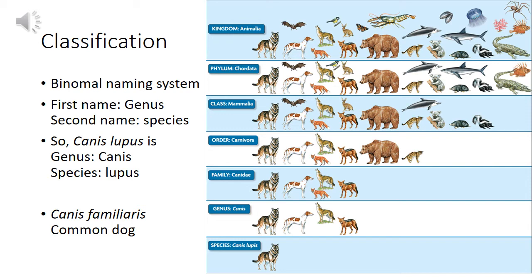It's a chordate, it's a mammal, it's a carnivore, it's a Canidae, it's a Canis, and it is the Canis lupus, our wolf. So this is a system that's important to remember. First name, genus, last name, species. And just so you know, we are Homo sapiens sapiens.